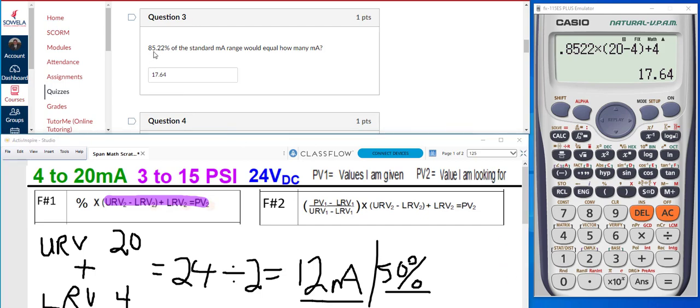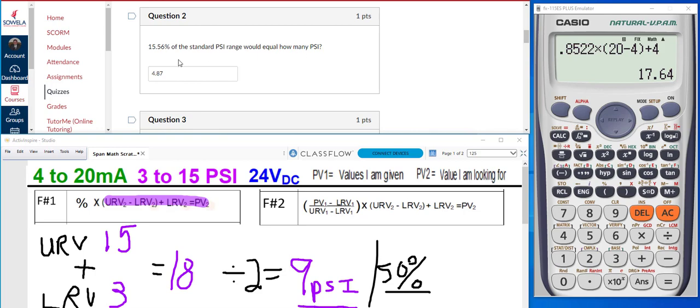So here when it asks me what is 85.22% of the standard milliamp range, well, 85% I know has to be more than 12 because 12 is 50%. 85% is more than 50%, obviously, so I know my answer's got to be more than 12. That's just a quick check of my work. It gives me a ballpark range.